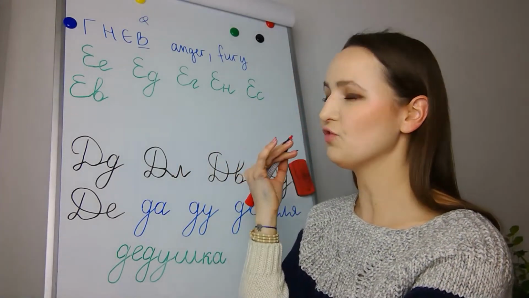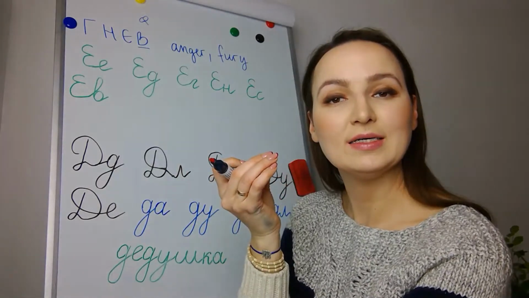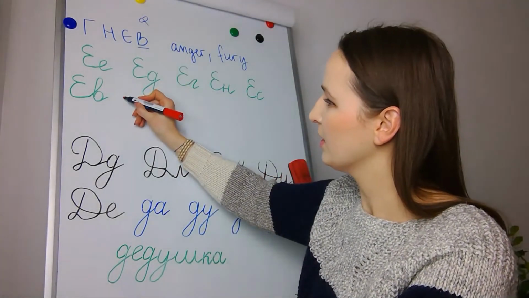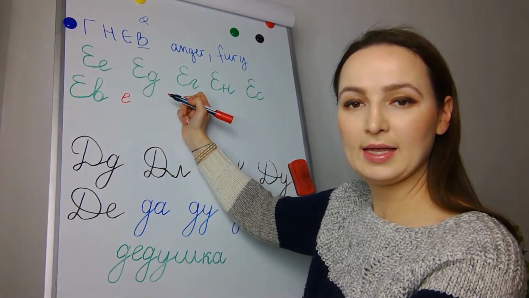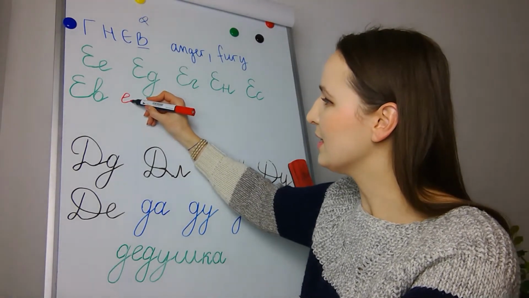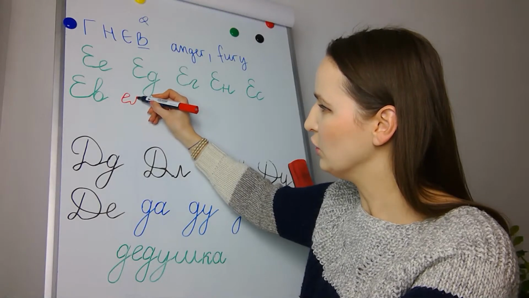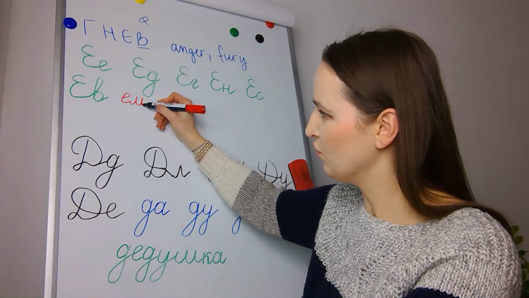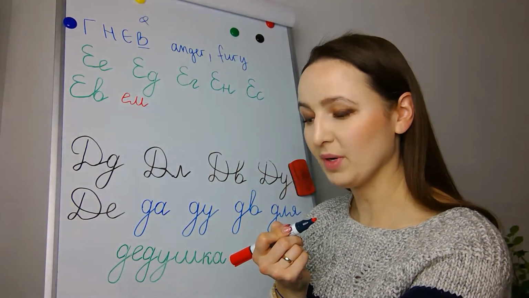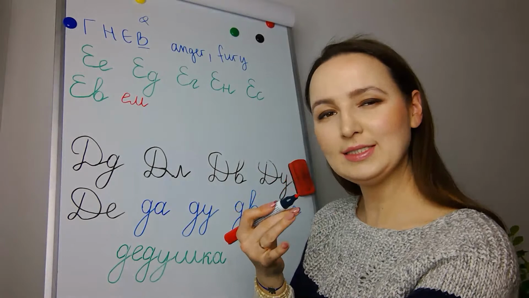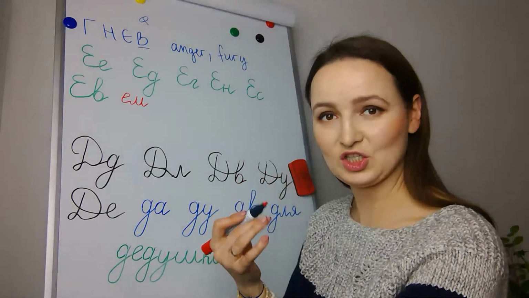For example, let's write a syllable yem. Small ye. And let's connect it with m. Yem. 1, 2, 3. Yem.